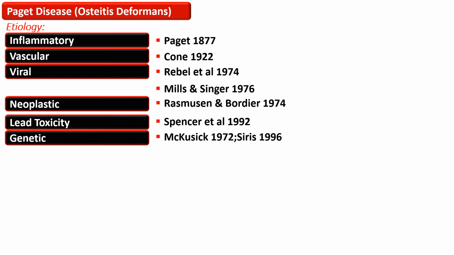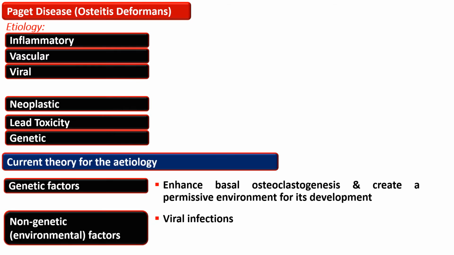Paget's disease. In the early 90s, Paget's disease was linked with lead toxicity, while in the late 90s, some scientists proposed a genetic origin for this disease. The current theory for etiology of Paget's disease includes both genetic and non-genetic factors.